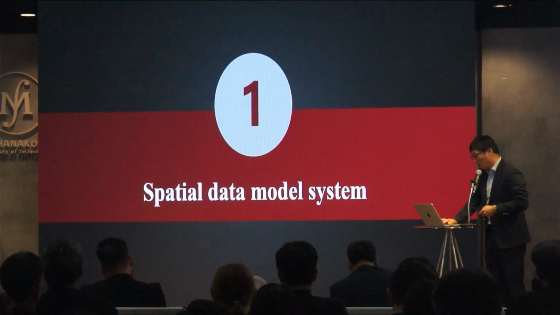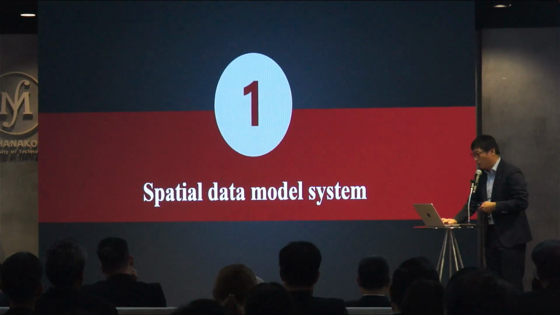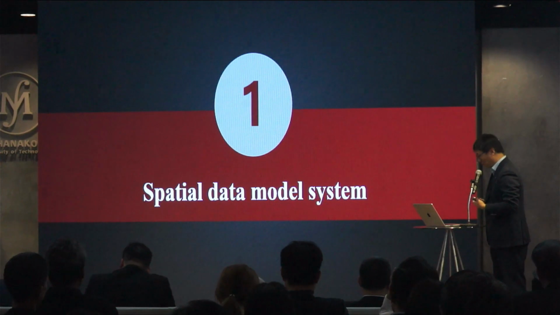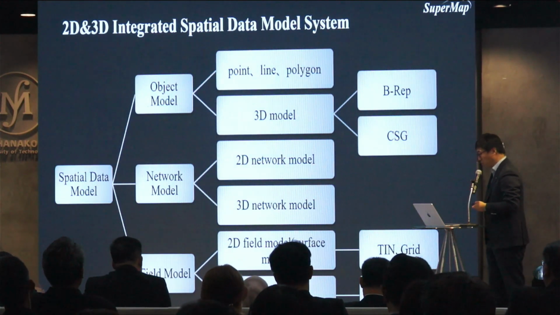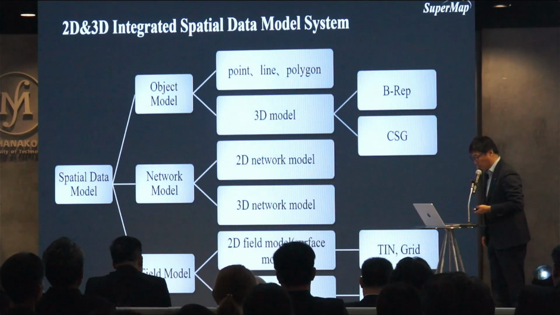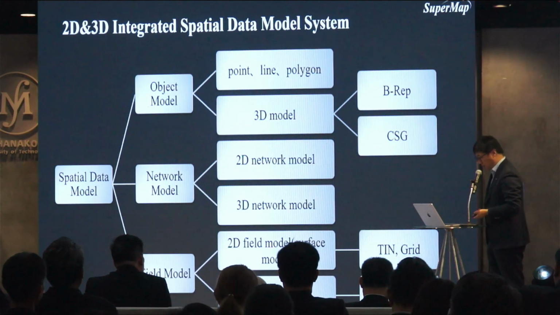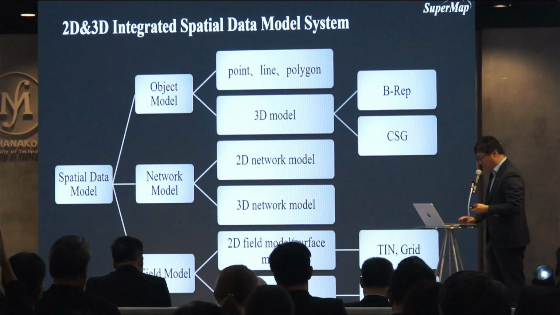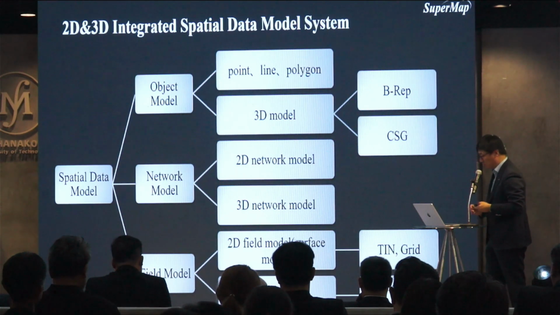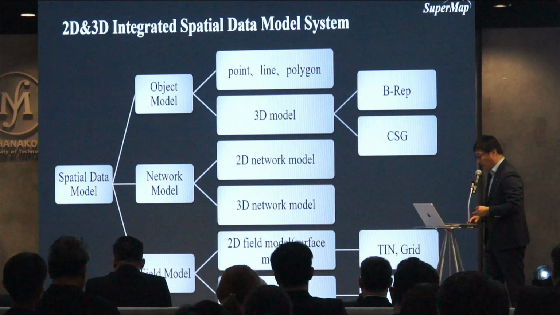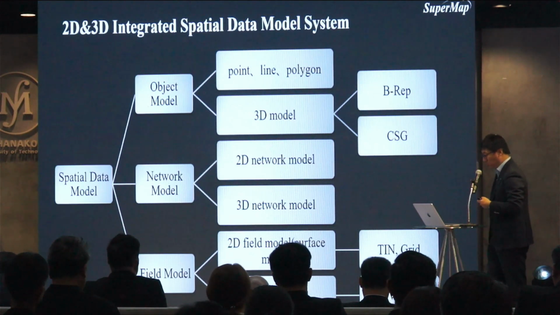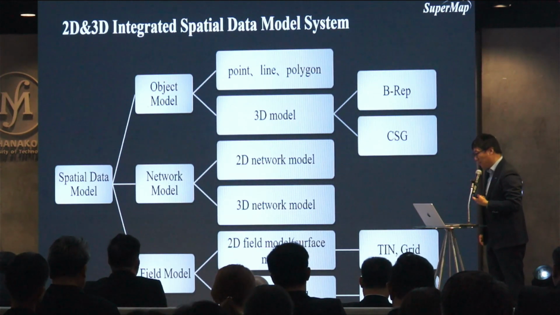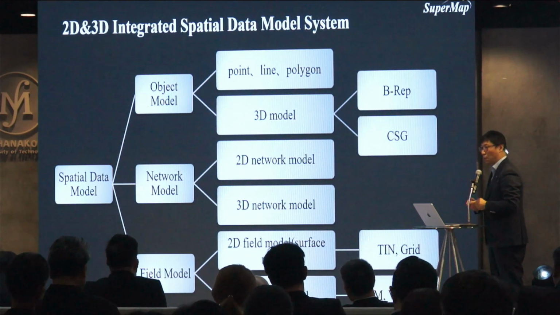Okay, the first one, let's take a look at the data model system. As our colleague mentioned before, after more than 10 years of development, we have gradually built a 2D and 3D integrated spatial data model system for full space representation, including the object data model, which describes spatial features like 3D models, the network data model, which describes the links and relationships between different objects, and the field data model, which describes continuous and distributed 3D phenomena such as temperature distributions.